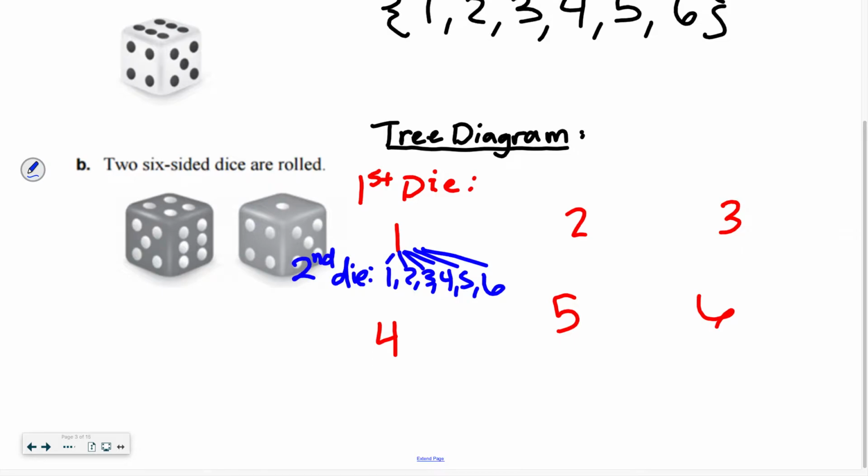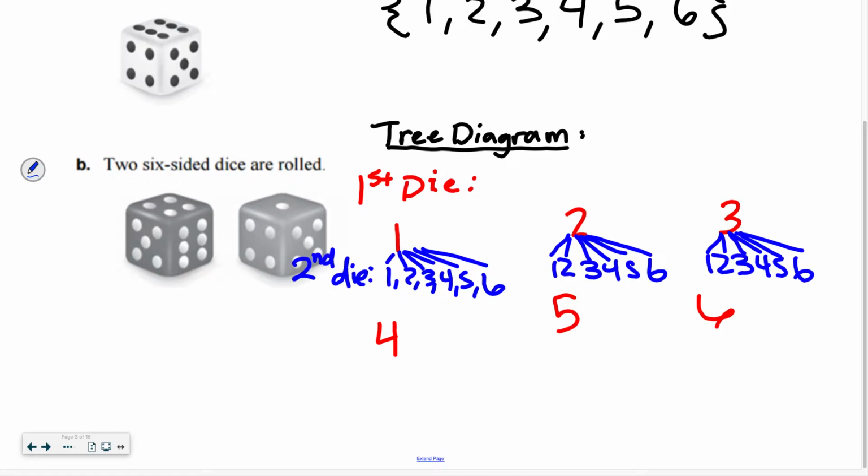It has the branches. It goes out to all the outcomes for die number 2. And so if I roll a 1 on the first die, there's actually 6 possible outcomes for the 2 dice, right? 1, 1, 1, 2, 1, 3, 1, 4, 1, 5, 1, 6. And same for 2, right? 1, 2, 3, 4, 5, 6. And I got that nice tree diagram. And I could do that for all the numbers. I'm not going to take the time to do that, but you could certainly if you wanted to.